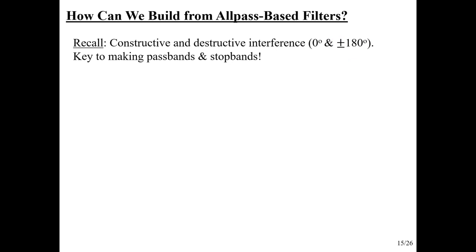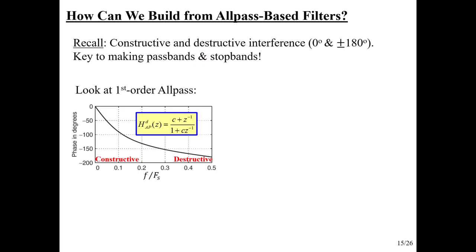And if you then add them together, they destructively interfere. So at frequencies in the region where the phase is 0, we will have constructive interference primarily. And in regions near plus or minus 180 degrees, or any odd multiple of 180 degrees, we will get things destructively interfering. And so constructive interference will allow us to make pass bands, and destructive interference will allow us to make stop bands. So let's just look at our first order all pass.